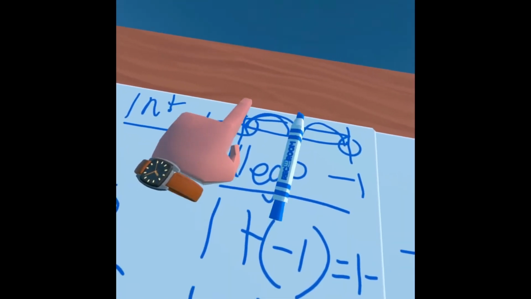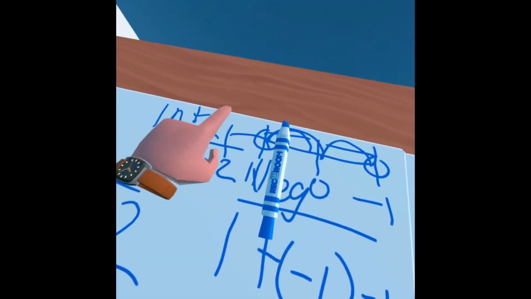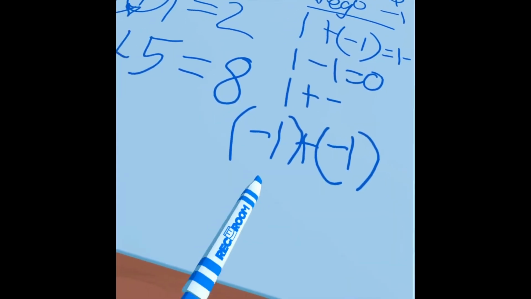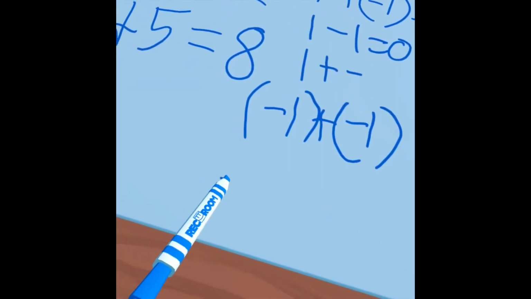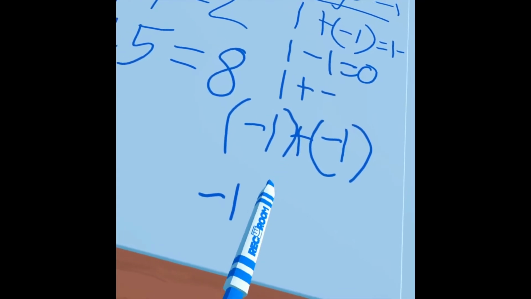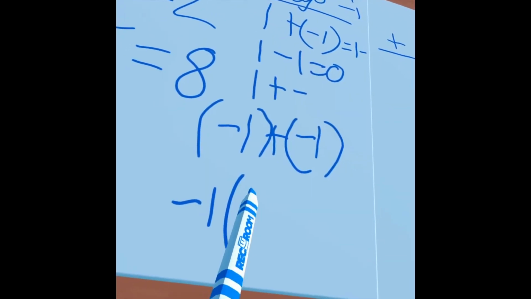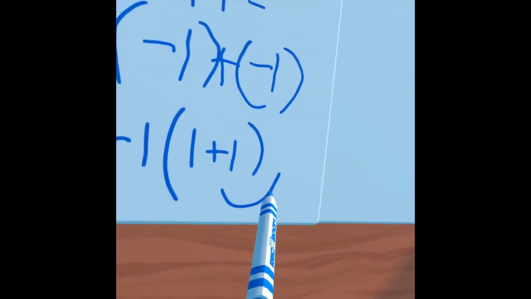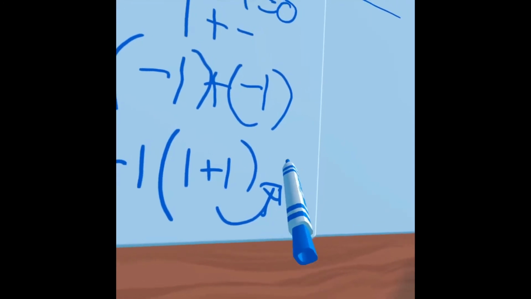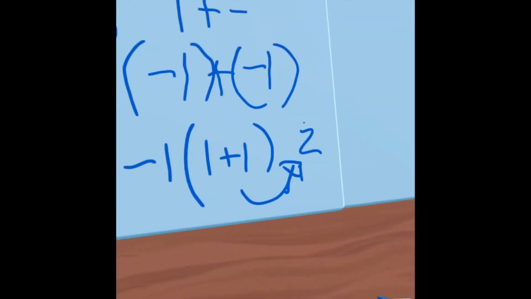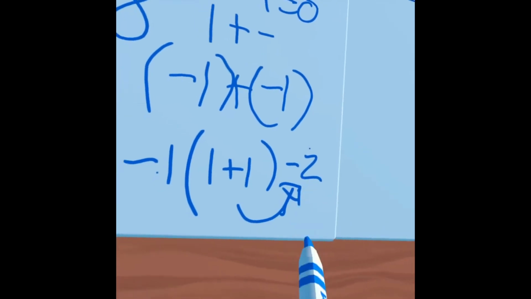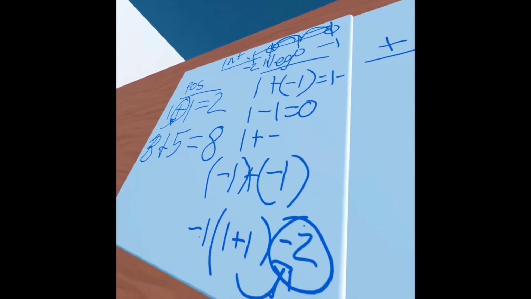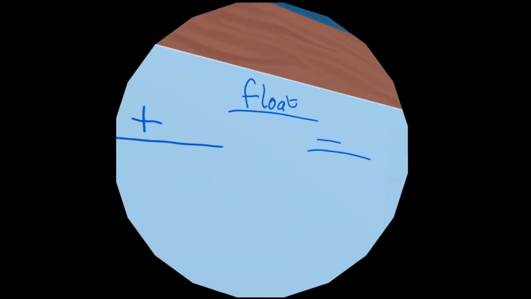So one of these, two of these, boom, we're at -2. So -1 plus -1 is pretty much the same as saying -1 times (1 plus 1). And this is just 2, because 1 plus 1 is 2. And then you put a negative in front of it, and that's your answer. So that's the quick and simple negative and positives for integers.